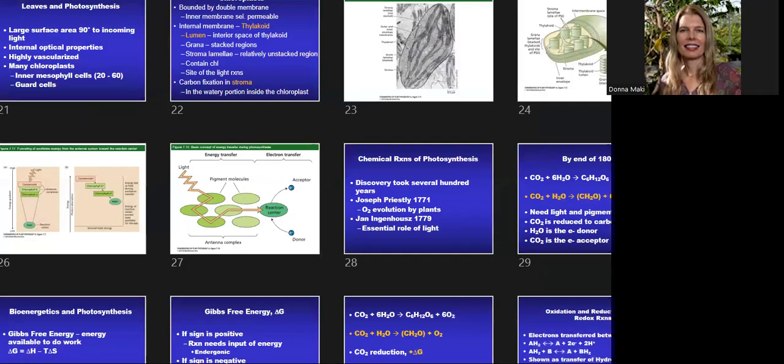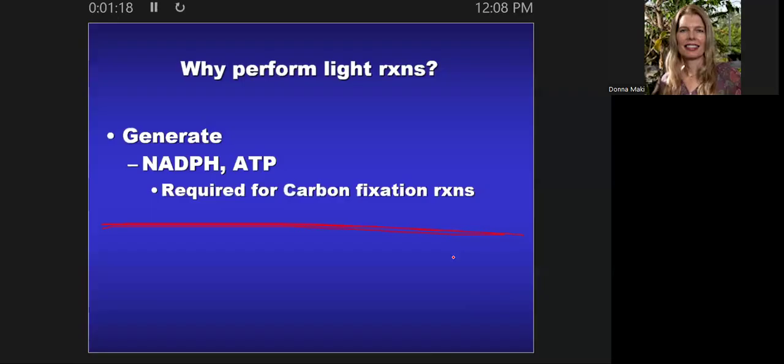On my slide set, it's slide 30. So slides 1 through 30 will be on the second exam, and then 31 forward will be exam 3. So essentially, the bulk of the light reactions and the details of it are not going to be on this second exam. It takes a while to learn that, so we'll put it into the third exam.